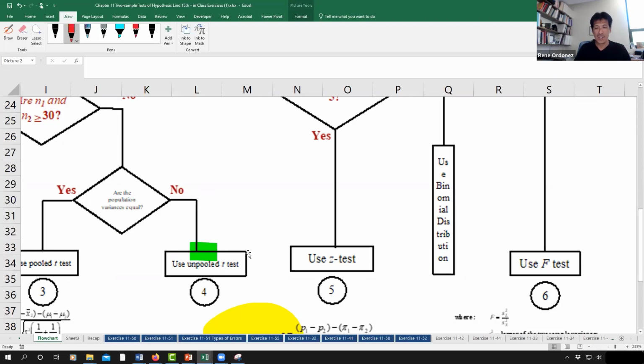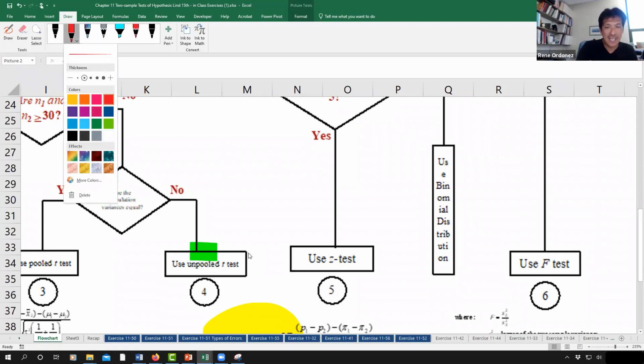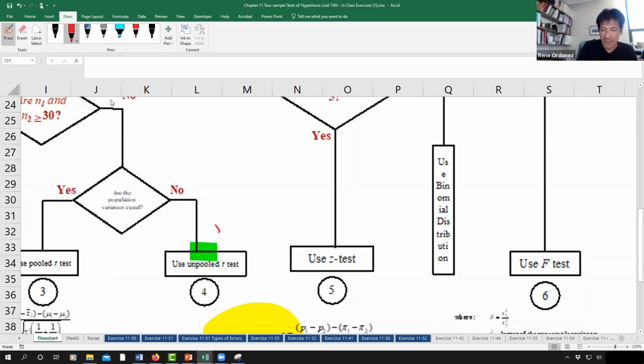Okay? So the unpooled t-test is used when the variance of group 1 and the variance of group 2 are not equal. On the other hand, this pooled t-test that you see on the left side is when the variance of group 1 is equal to the variance of group 2.